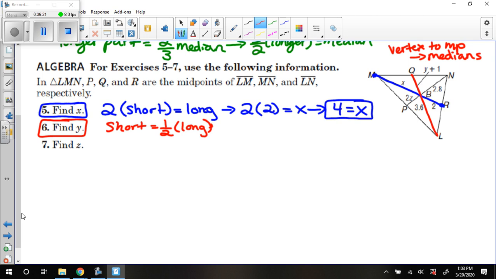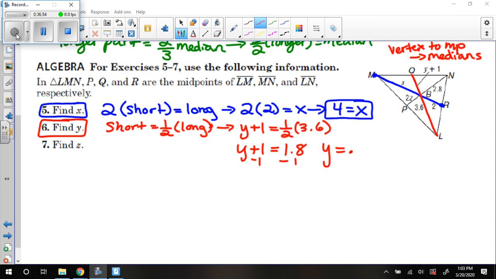My short piece in the picture is y plus 1, and half of the longer part is half of 3.6. So we've got y plus 1 equals 1.8. Then all you have to do is subtract the 1, and we know that y is equal to 0.8.